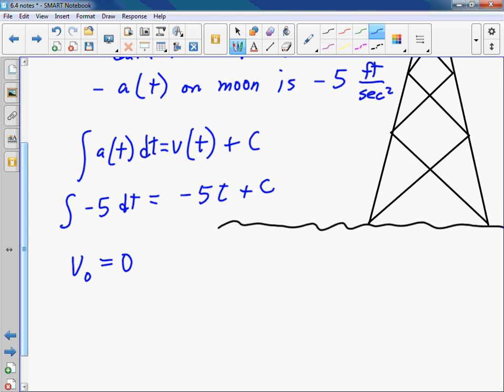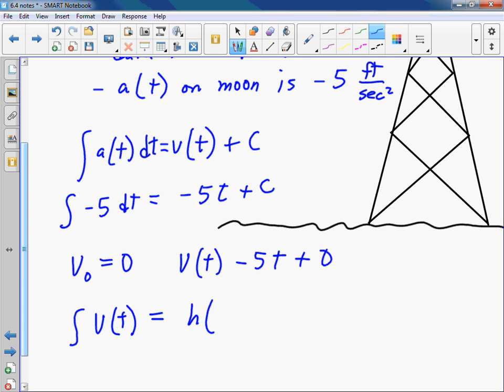So we can say that velocity with respect to time in this case is negative 5t plus 0, or just negative 5t.